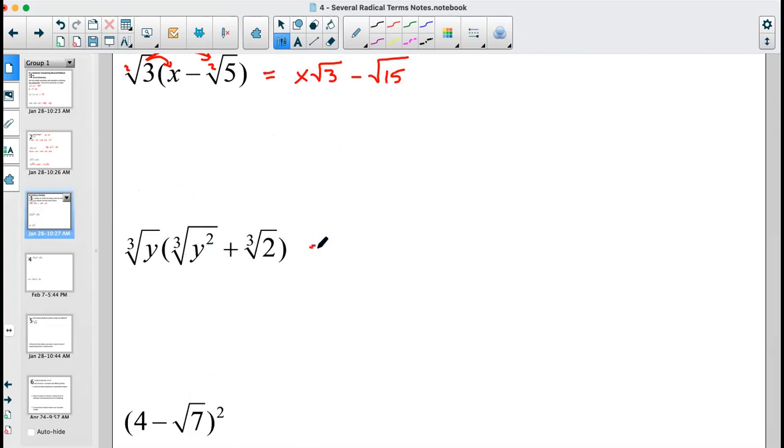So I can do the similar thing here. I look at these, I see cube roots everywhere, so I can multiply the things underneath them. So I do multiply this by this. I get the cube root of y to the third. That's going to simplify in a minute. And I also get the cube root of 2y, and there's a plus in between them.